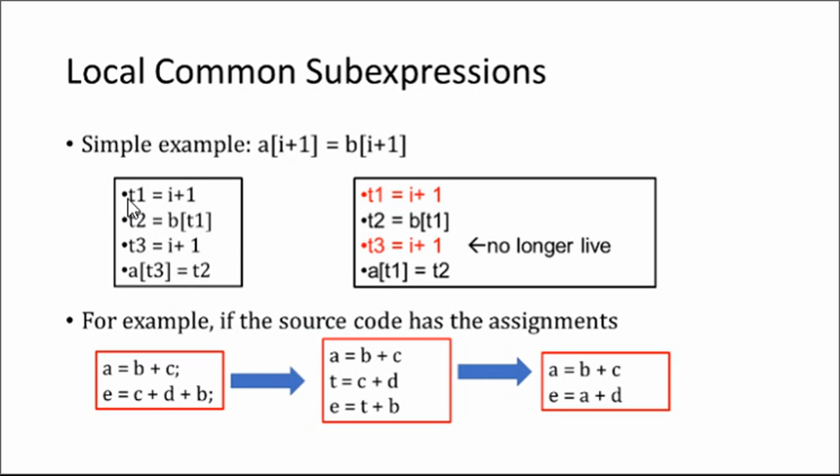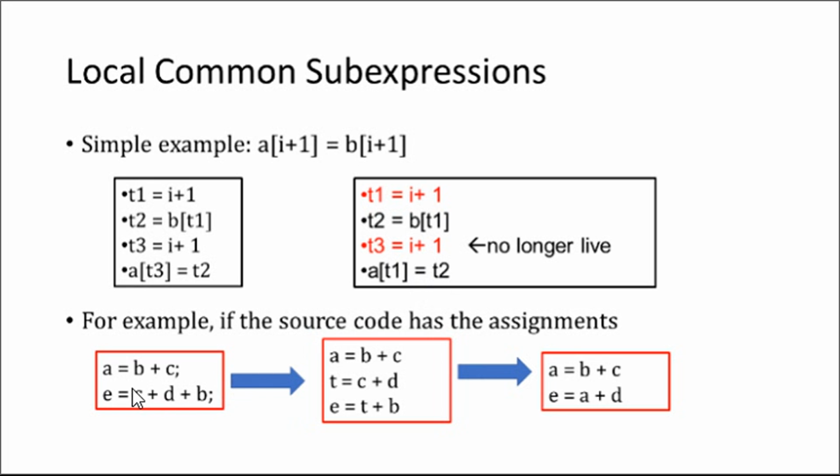But if you observe, T1 and T3 have the same sub-expression, I plus 1, so T3 can be replaced by T1, and we are not rewriting T3 anywhere. So our resultant expression becomes T1 is equal to I plus 1, T2 is equal to B of T1, and A of T1 is equal to T2.